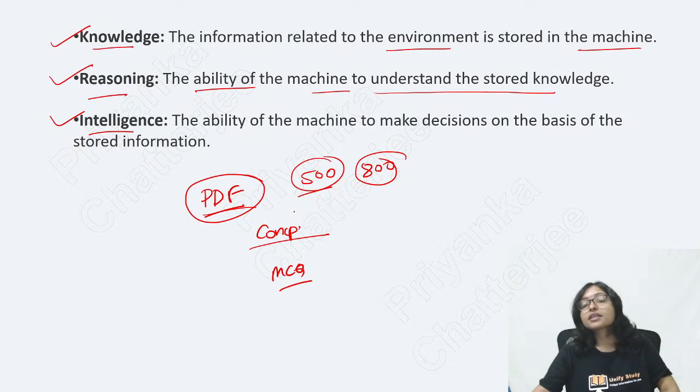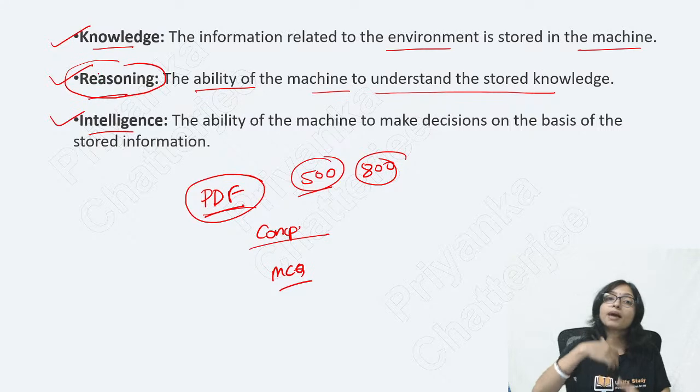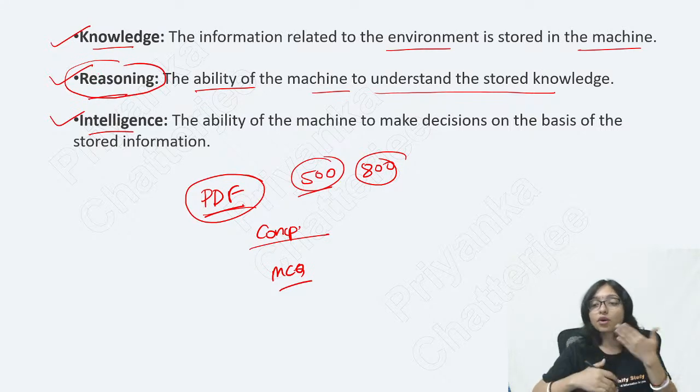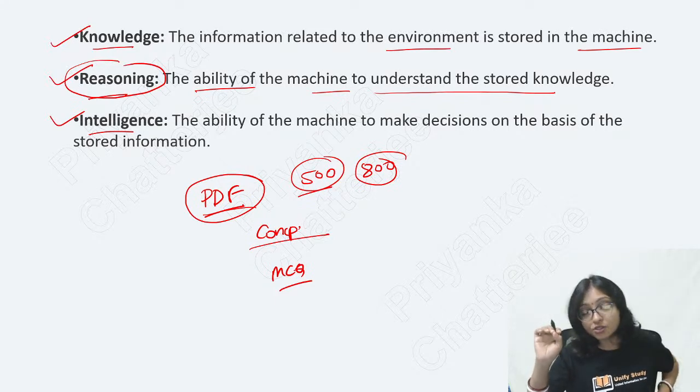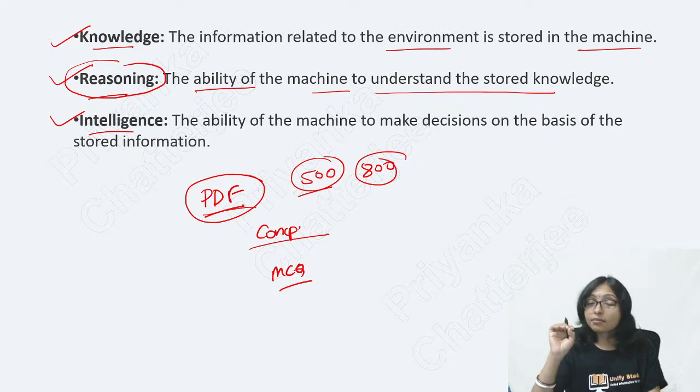That is called reasoning. For that, reasoning skill is required, and reasoning skill comes by solving more problems, more problems. When you are solving more problems, then your reasoning skill will improve. That is a fact.